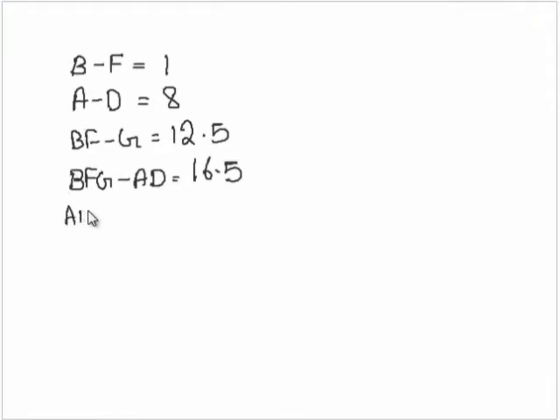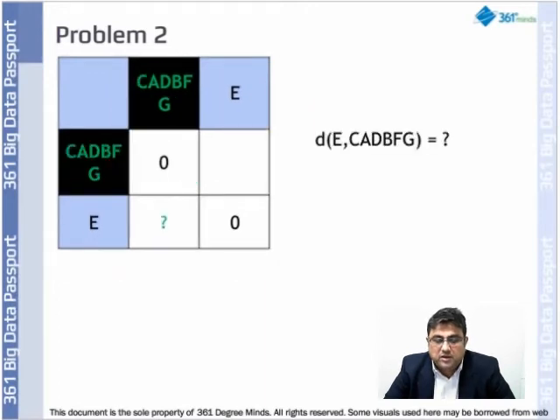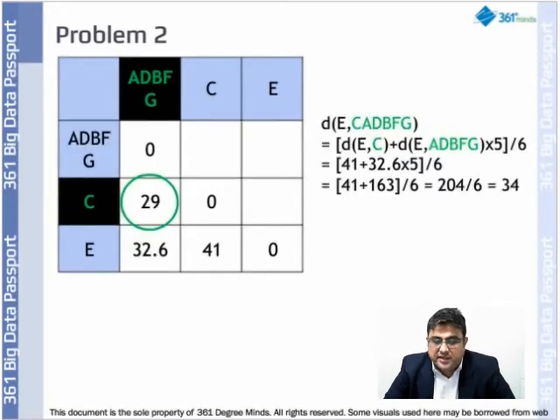AD, BFG needs to be clustered with C, and the distance is 29. And again there will be weight because AD, BFG is 4 elements. Now the 5, C is 1. So we'll have to do into 5 into 1. So we need to find out the gap between E and CAD BFG. The gap between E and CAD BFG is nothing but the distance between E and C and E and AD BFG.